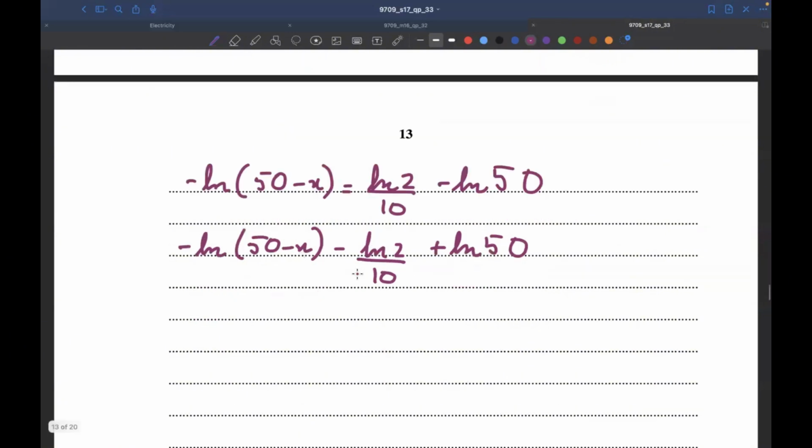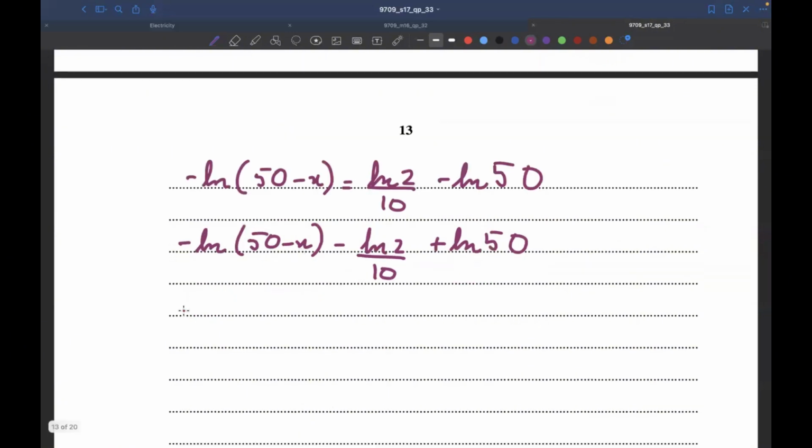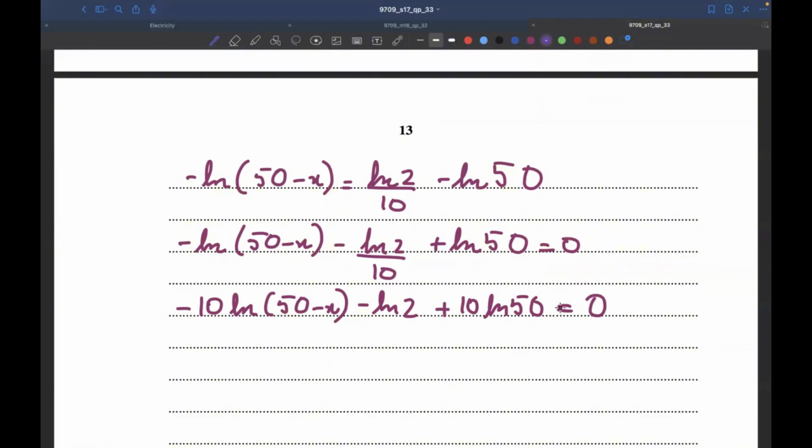Now we can first take the LCM. So this will become minus 10 ln of 50 minus x, and this will be equals to 0 minus ln of 2 plus 10 ln of 50, and as 10 is a common denominator, it will multiply by 0 to make the whole thing on the right hand side equals to 0.